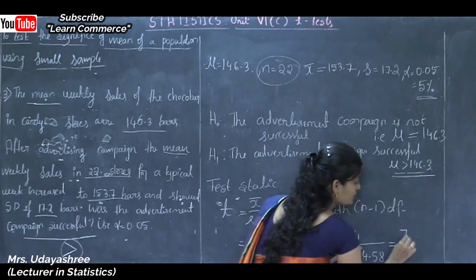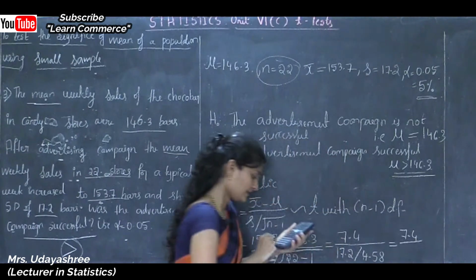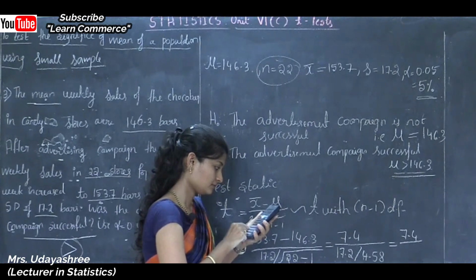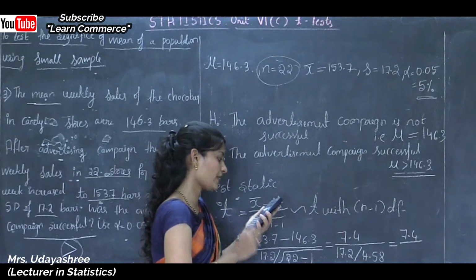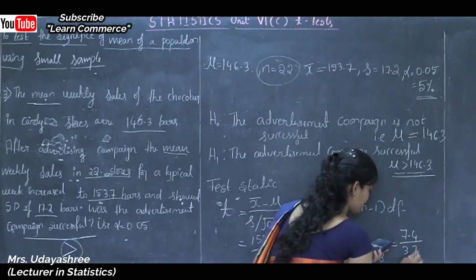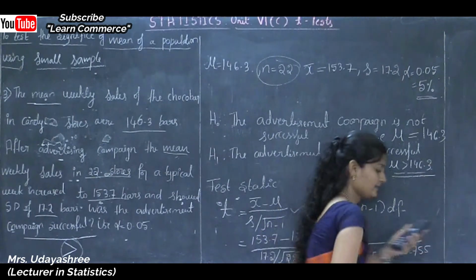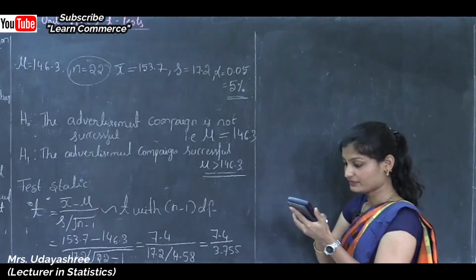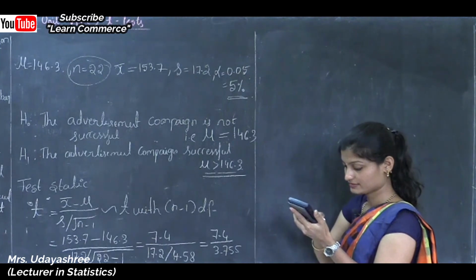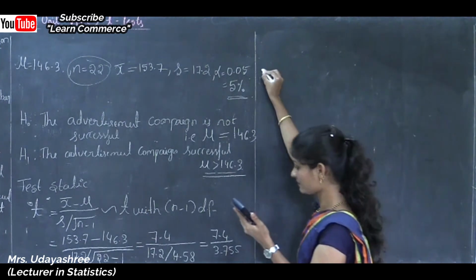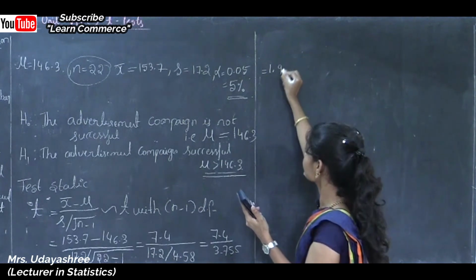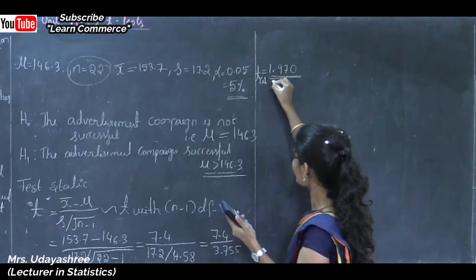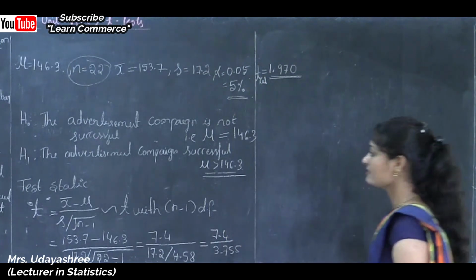This is equal to 7.4 divided by 17.2 divided by 4.58, which is 3.755, and 7.4 divided by 3.755 is 1.970. This is the calculated value. The calculated value is 1.970.